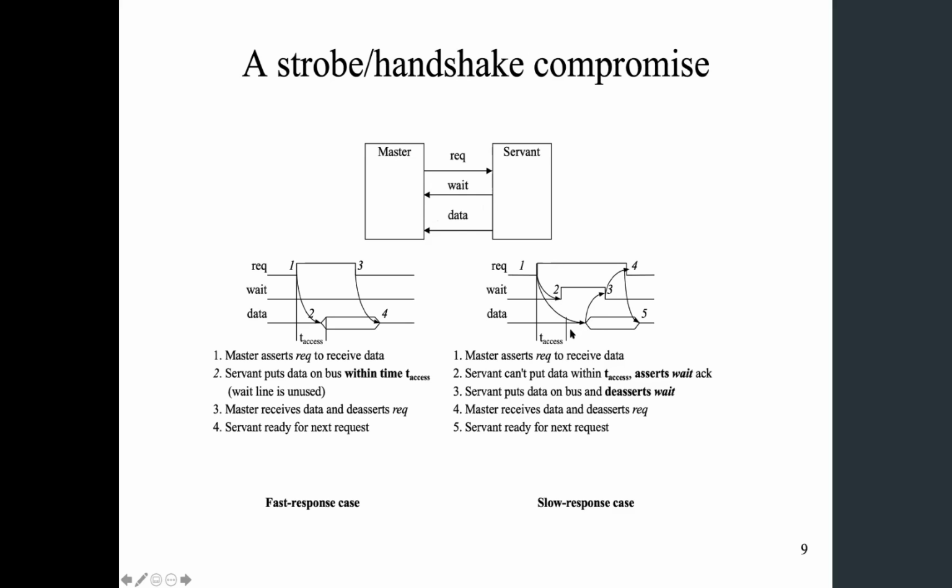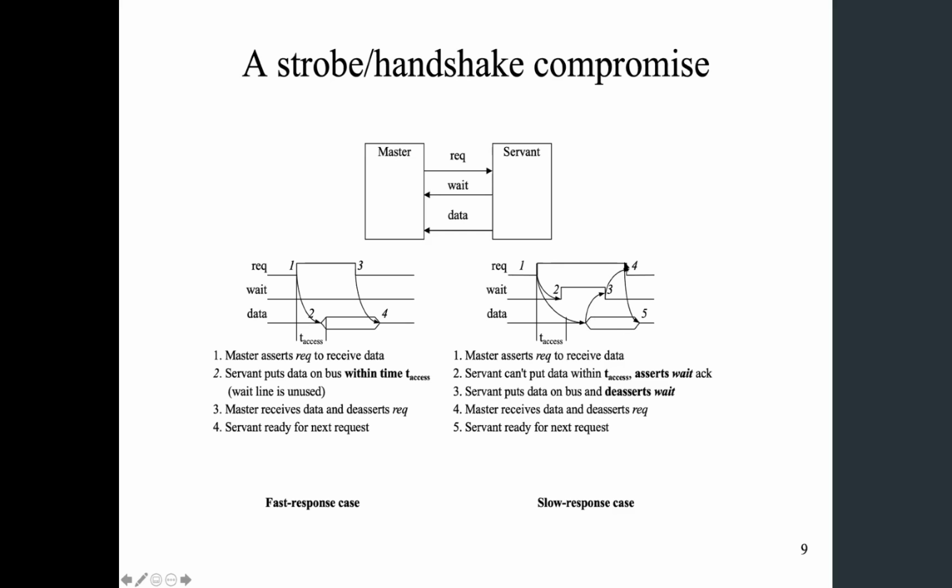Okay, so when we move on further, at some point the servant has valid data, which is here. So you can expect an uncertain amount of time. But the servant itself knows when the data is valid, and after that, it will deassert the wait signal, which is seen by the master again. So the master will go ahead and start reading, which is somewhere here during this time frame.